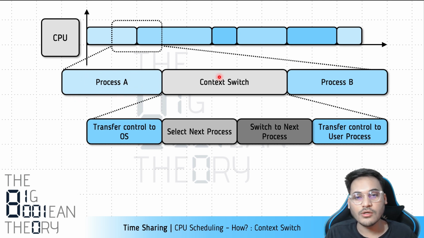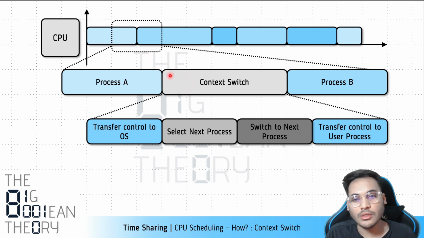Then there is a context switch where we are basically taking the control of the CPU from one process and assigning it to another. After that, you can see some other process, let's say process B, is running on the CPU. Although I have not shown the time that is taken for the context switch here, a context switch takes some time, right? Although it is not shown, it is there, right?